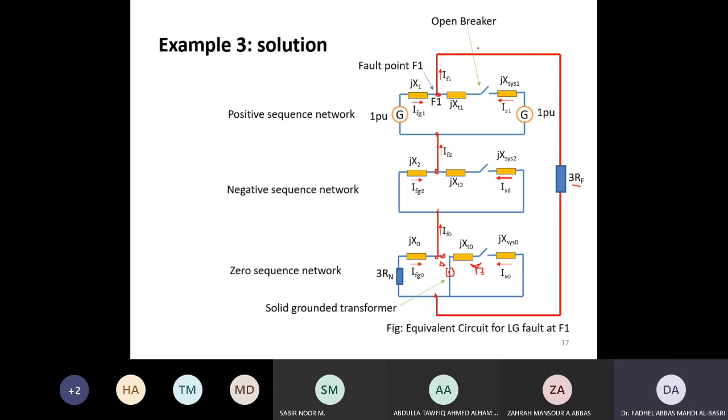Now this has to be based on the same per unit base, these per unit values. If the breaker is open, there will be no current coming from the system. I'll also note this fault current here is the positive sequence current of the generator, this is the negative sequence current, this is the zero sequence current of the generator, and this is at the fault point.